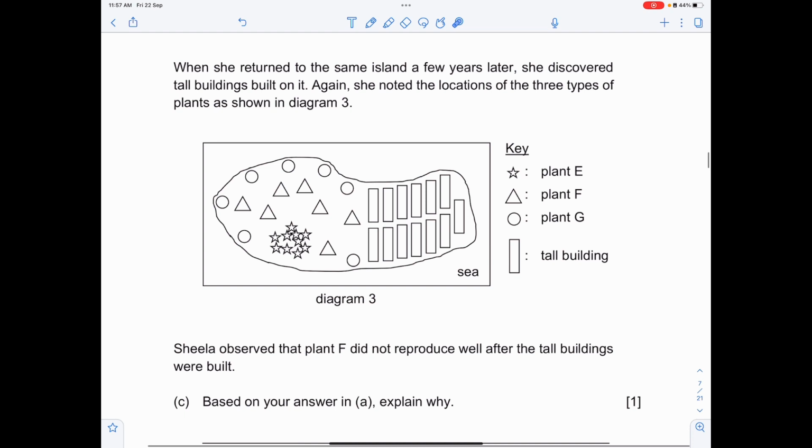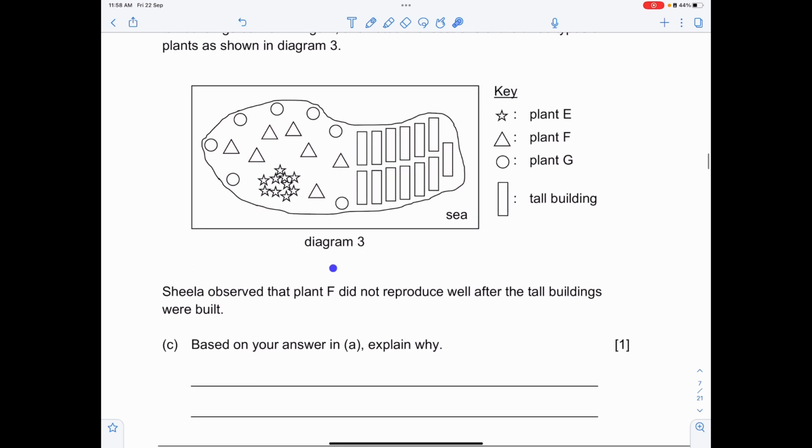Next, when she returned to the same island later, she discovered tall buildings built on it. Now she noted there are 3 types of plants as shown. Observe that plant F did not reproduce well after the tall buildings were built. Base your answers and explain why. So basically, ask yourself, buildings, where do you see the word buildings? Which topic?